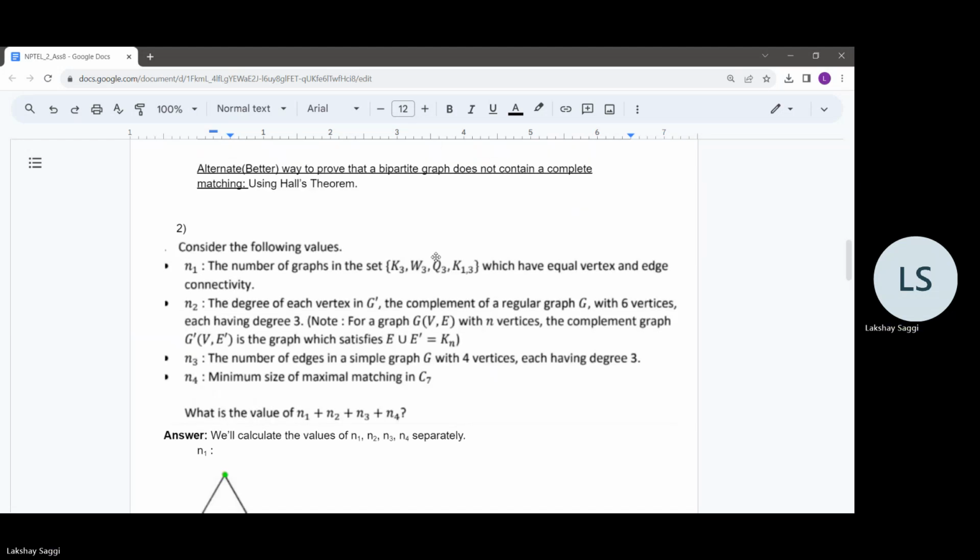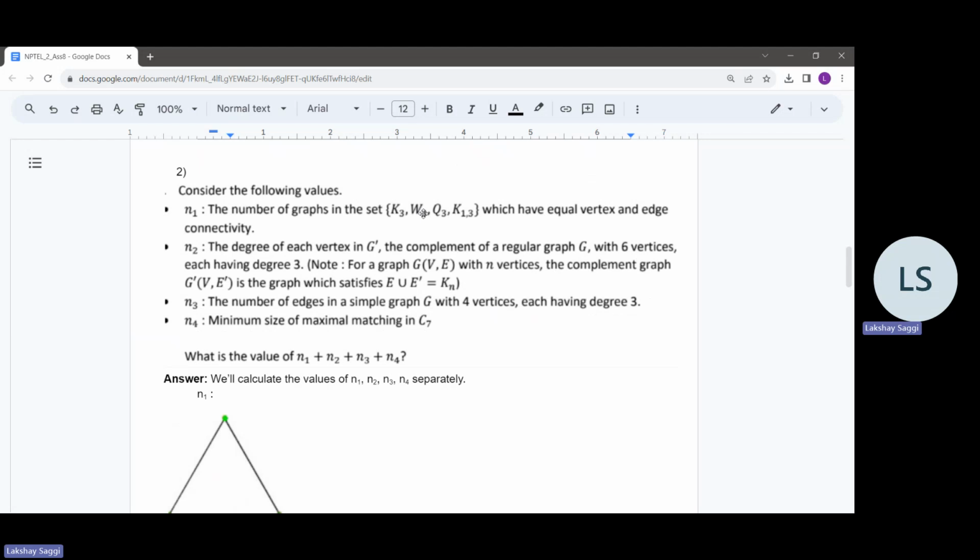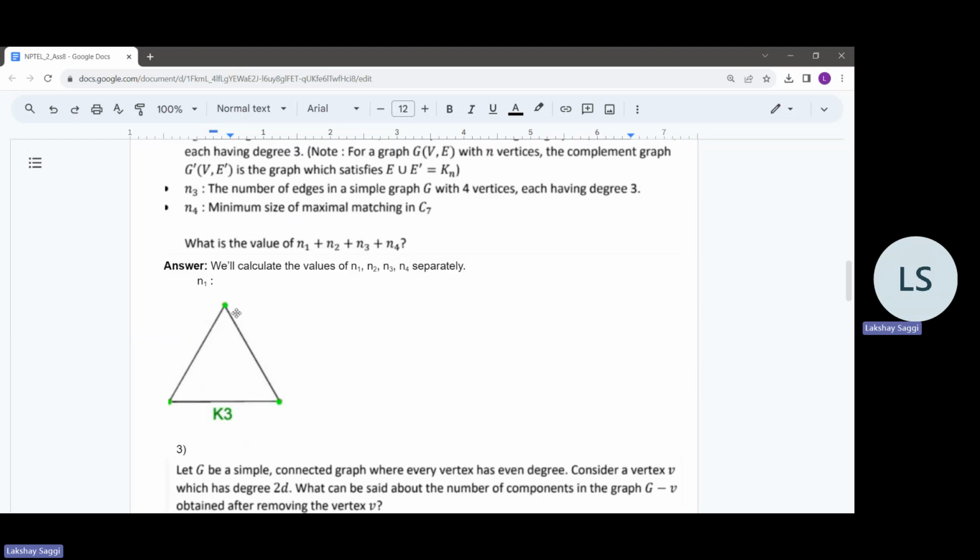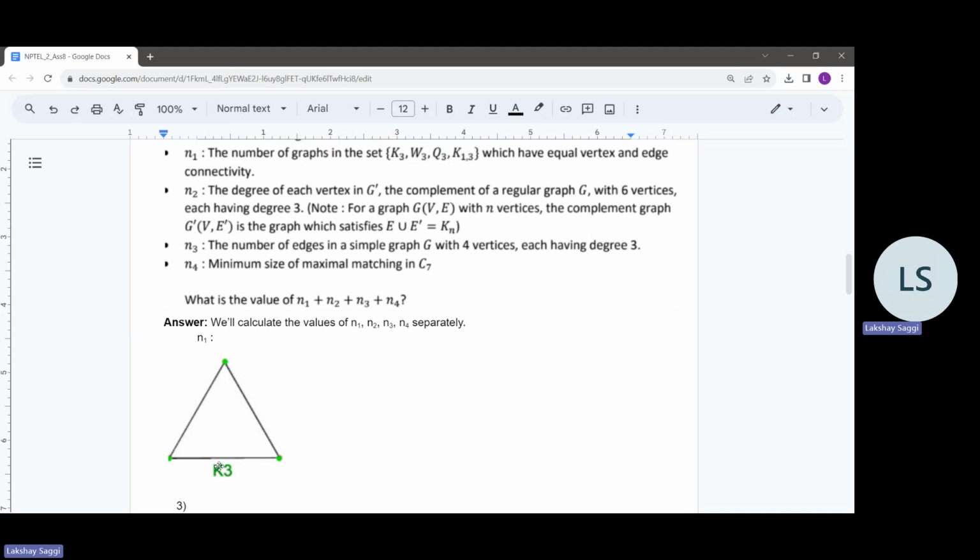Sorry for the delay. What I just want to point out here was, we are deleting these three vertices, and after that no vertex of the graph remains. If there is nothing remaining, the vertex set and the edge set are empty, so it is a disconnected graph. That's why we'll say that the vertex connectivity of K3 is equal to 3.